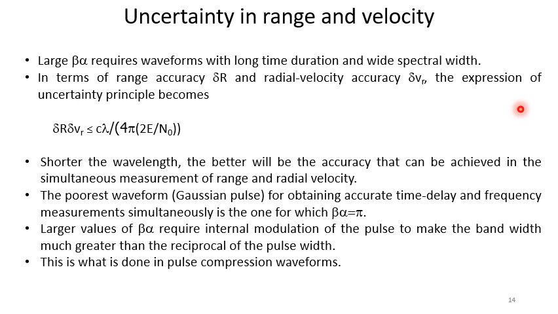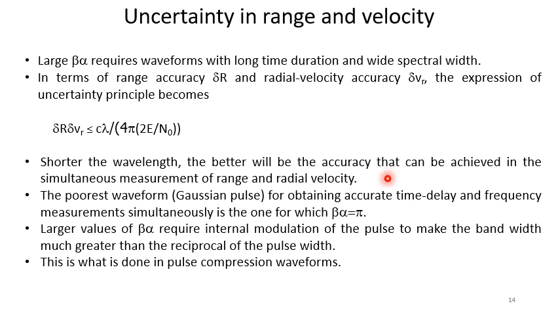In terms of range accuracy delta R and radial velocity accuracy delta VR, the expression of the uncertainty principle becomes delta R delta VR less than or equal to C lambda divided by 4 pi into 2E by N0. So the shorter the wavelength, the better the accuracy that can be achieved in the simultaneous measurement of range and radial velocity.